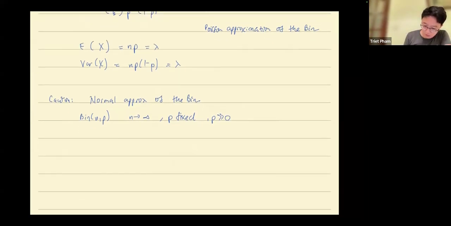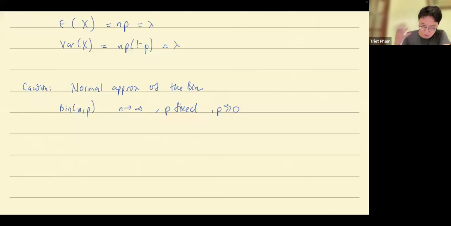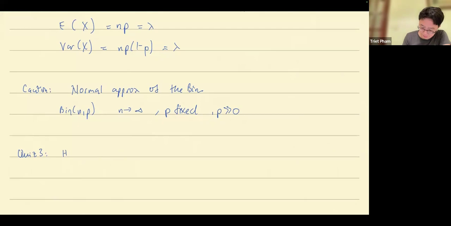Let's do an example to demonstrate the tools which you studied. So here's a quiz. This is quiz 3. Consider the hat problem with n people.